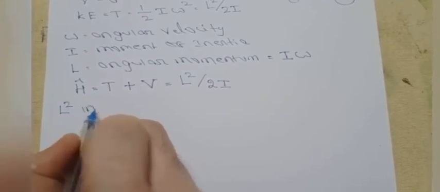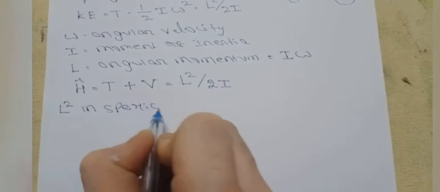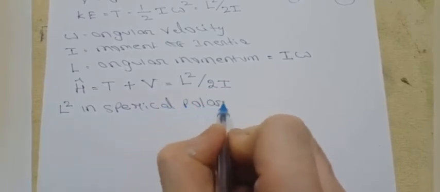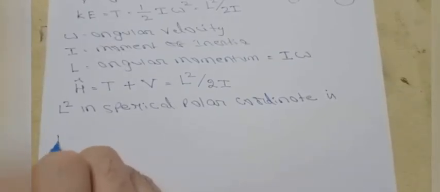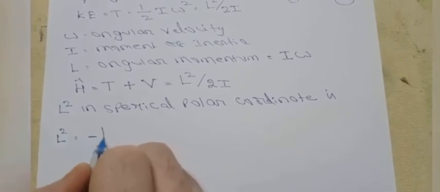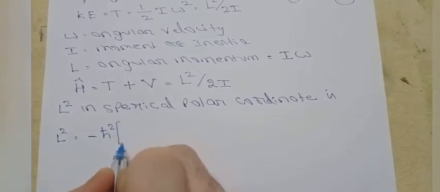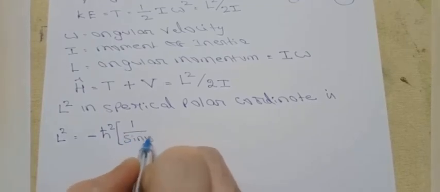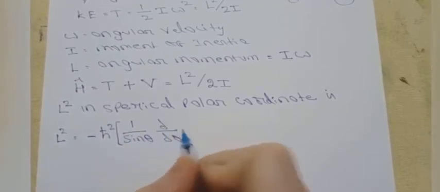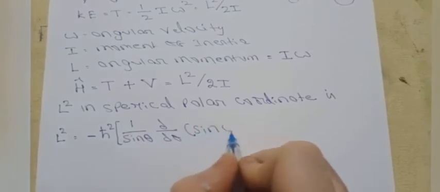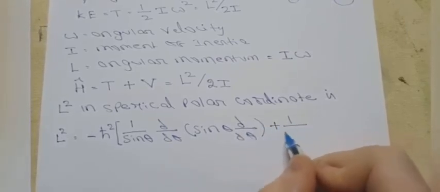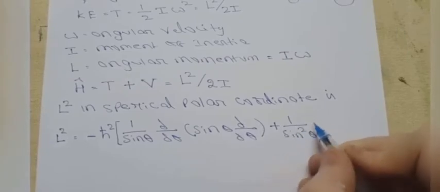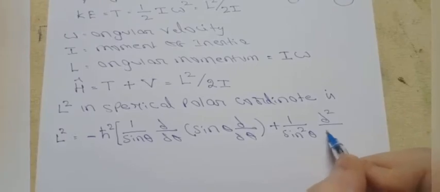Therefore L square in spherical polar coordinates is given as: L square is equal to minus h cross square, 1 divided by sin theta dou by dou theta of sin theta dou by dou theta, plus 1 by sin square theta dou square by dou phi square.